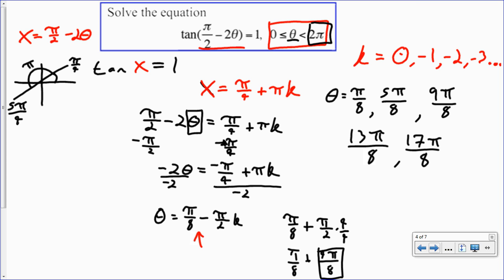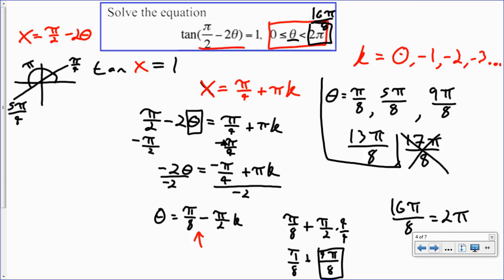And then I stop and think, all right, 16 pi over 8 would be my 2 pi. So I don't want to go above 16 pi over 8. So 9, 13, 17, this one's too big. So I can stop there. And then I have these as my 4 solutions in a 0 to 2 pi interval.